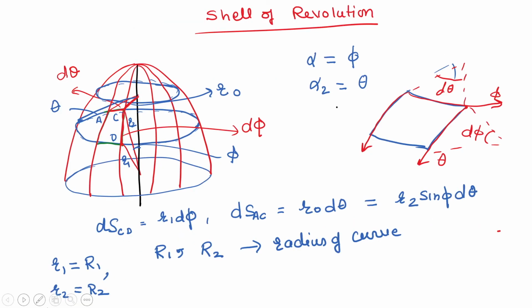Now, the most useful one I would like to discuss is the shell of revolution. This is the most generalized form. We have already classified the shell by the first classification, the surface of revolution.